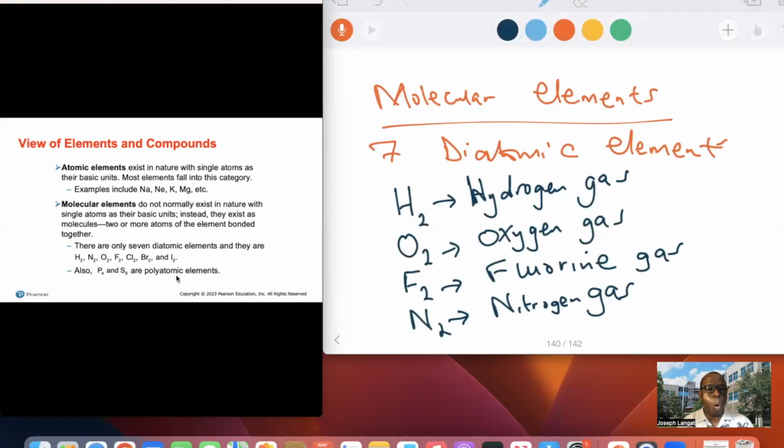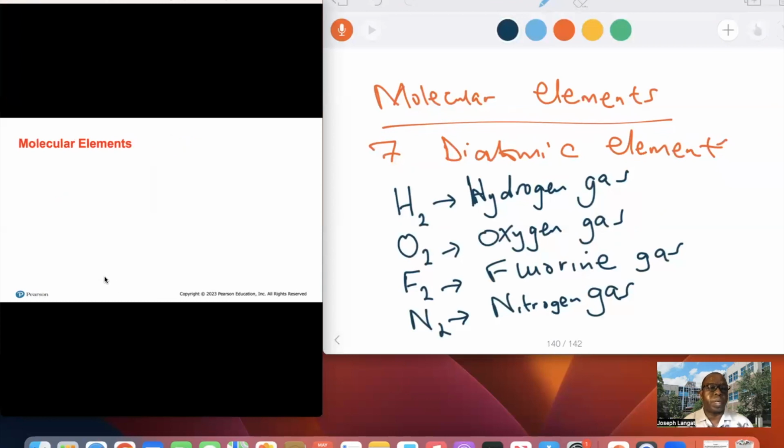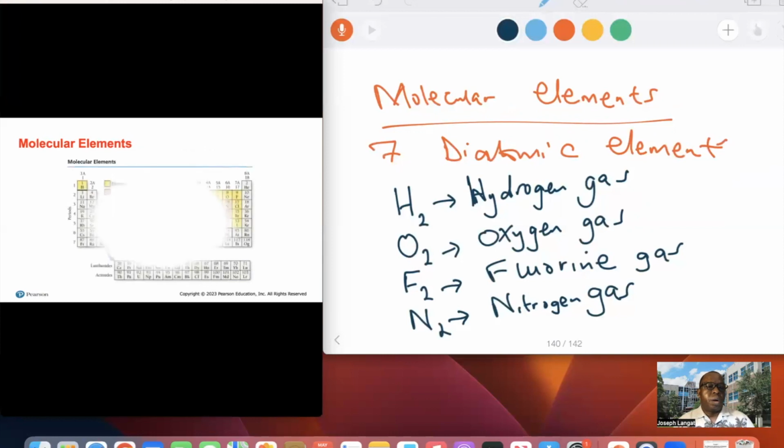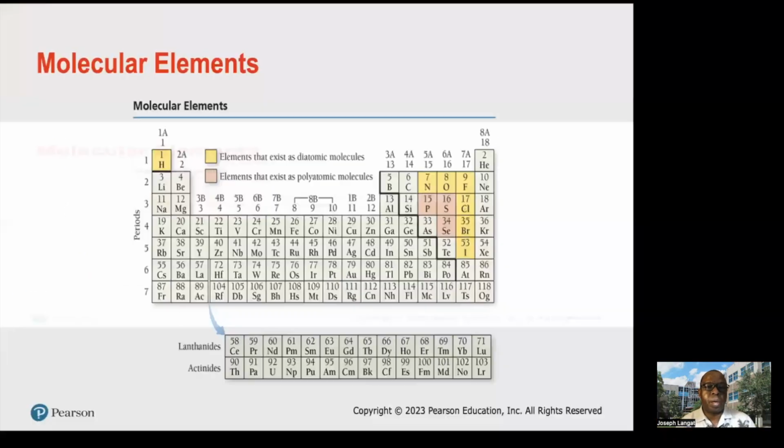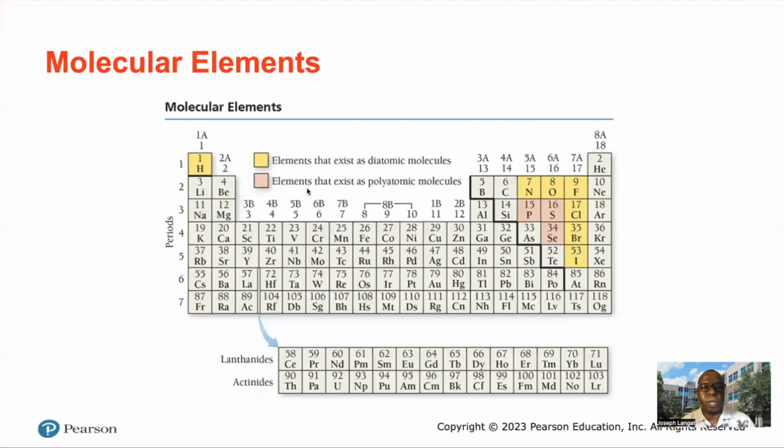Some exist as polyatomic elements. Poly means more than one, such as sulfur or phosphorus. All right, this is the periodic table. Molecular elements have been highlighted. I can blow this up so that you understand what's going on with this slide.